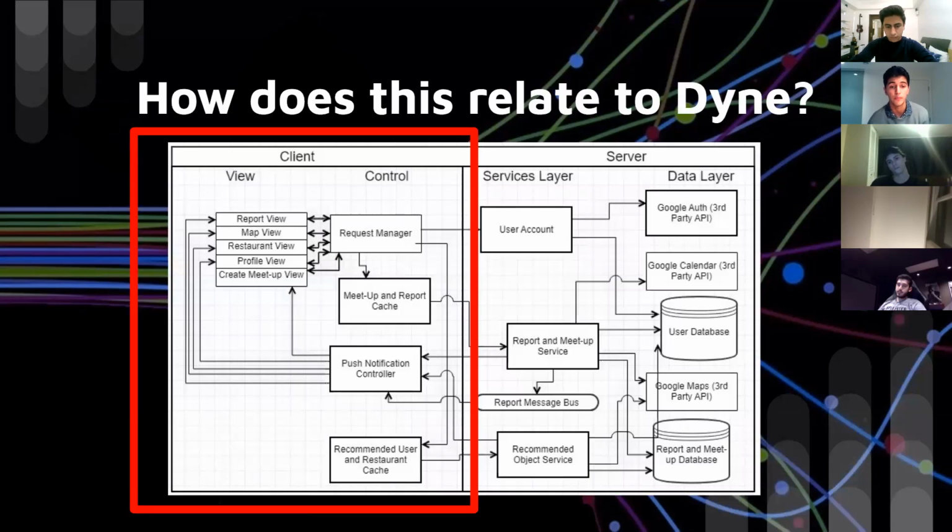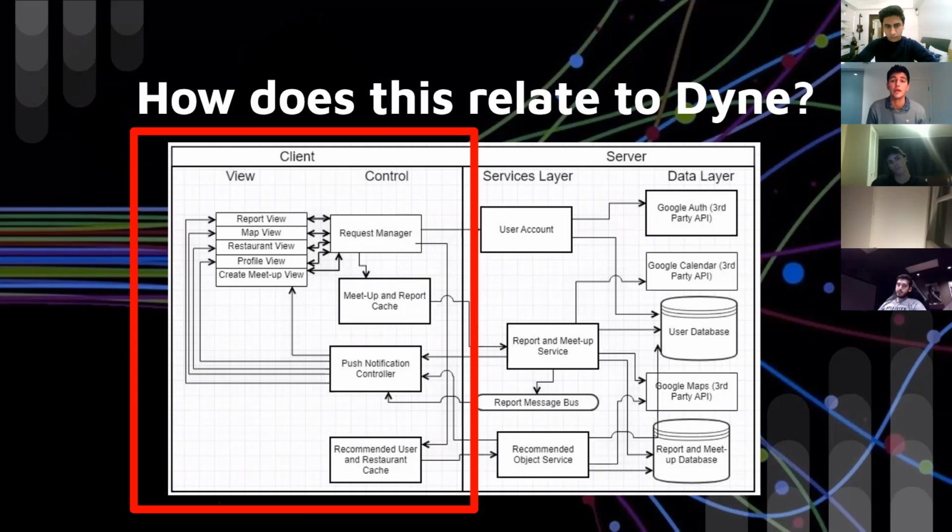You have an abstract representation, which you call a model. That connects to the controllers. As you can see, we have a push notification controller and a request manager. These work with REST APIs to get the data from the server and to notify users of new meetups, new friends and new notifications. That all relates to the views, the pages of the app, which are displayed onto your UI.